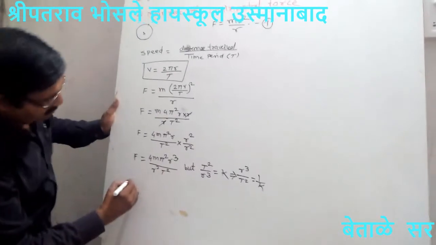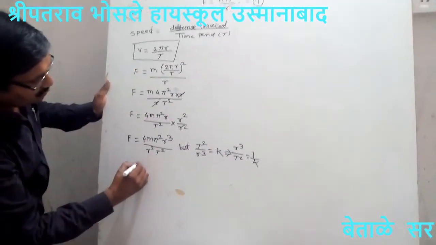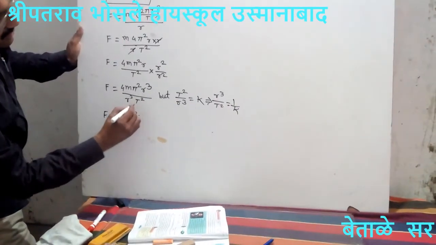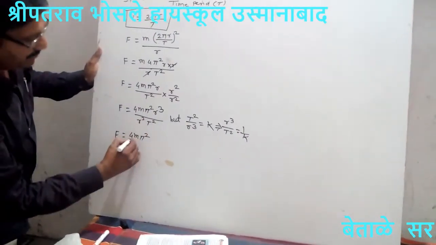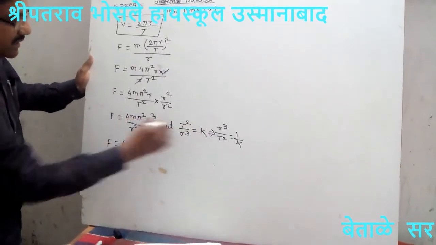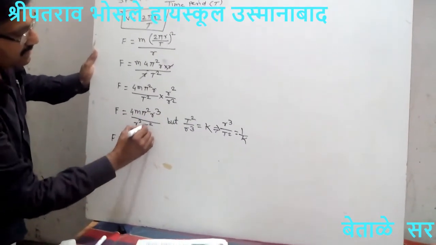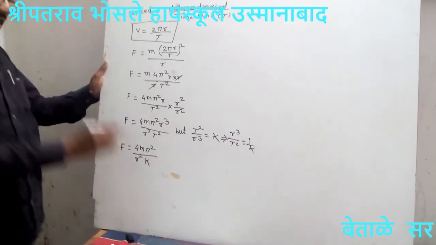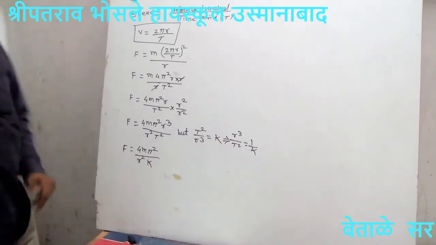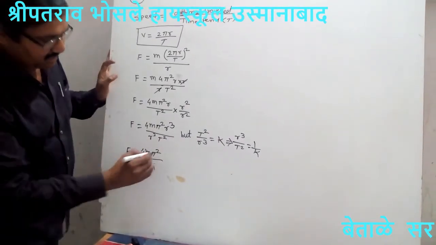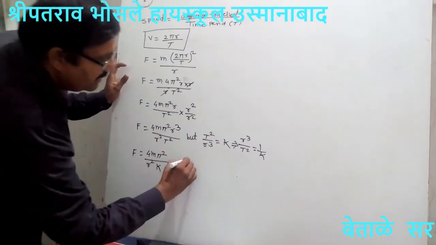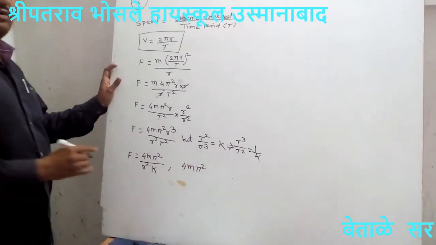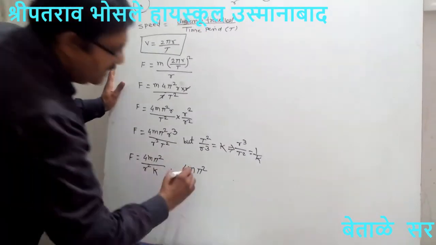या ठिकाणी आपण काय लिहू शकतो, therefore F is equal to 4m π² upon r³ and t², या ऐवजी काय घेणार आपण इनटू r² इनटू k, या ठिकाणी by the Kepler's law. आणि या ठिकाणी इन दिस फॉर्म्युला it is 4m π² upon k.